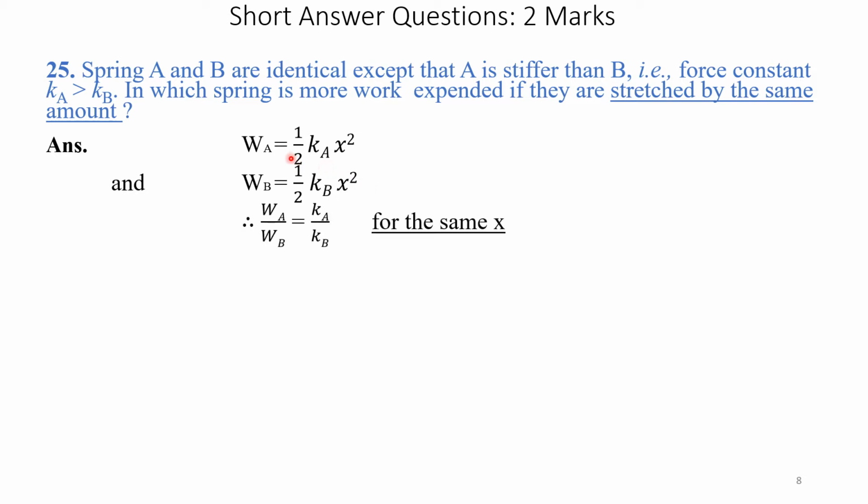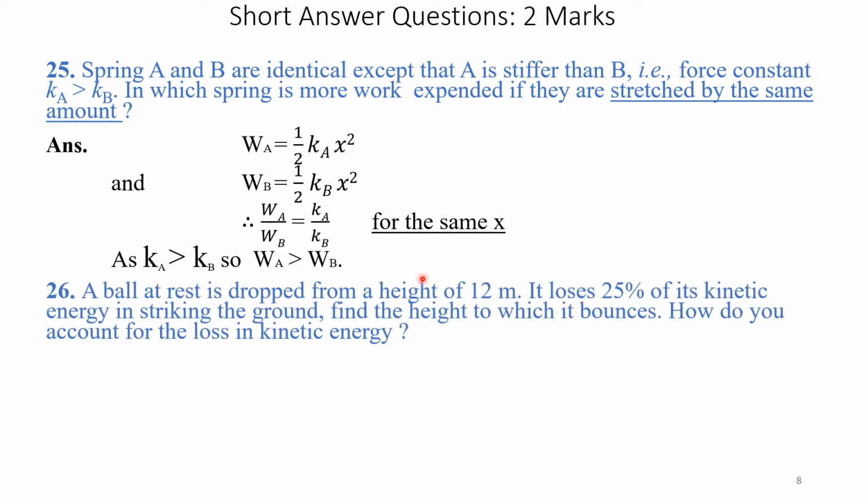Dividing one by the other, Wa by Wb is half Ka x square divided by half Kb x square. The half cancels, and x square by x square also cancels because x is the same for both springs. So Wa by Wb is Ka by Kb. Since Ka is greater than Kb, Wa will be greater than Wb.